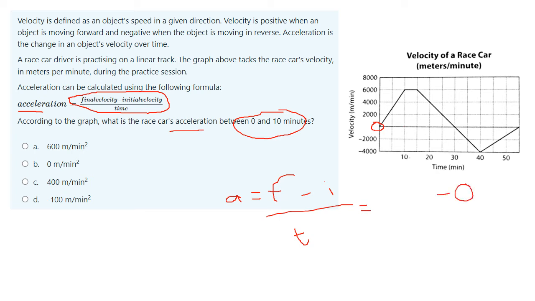What is the velocity after 10 minutes? It's 6,000. What is the time? Well, we're looking at 10 minutes. So this is 6,000 minus 0, which is 6,000, divided by 10, which is 600. So the correct answer is 600 meters per minute squared.